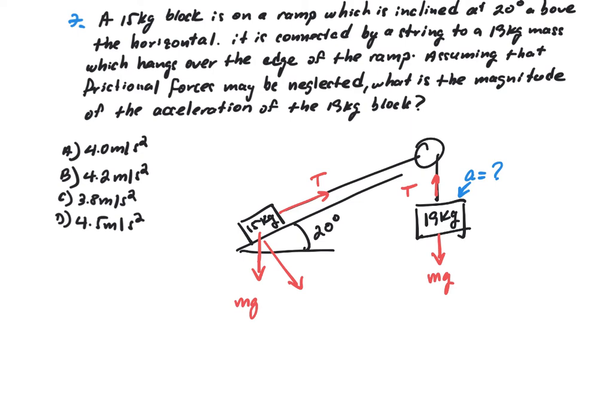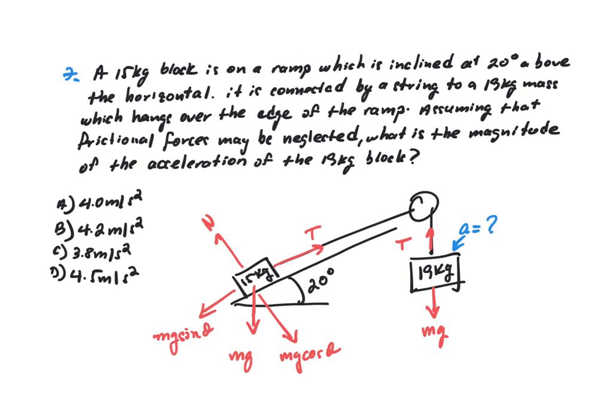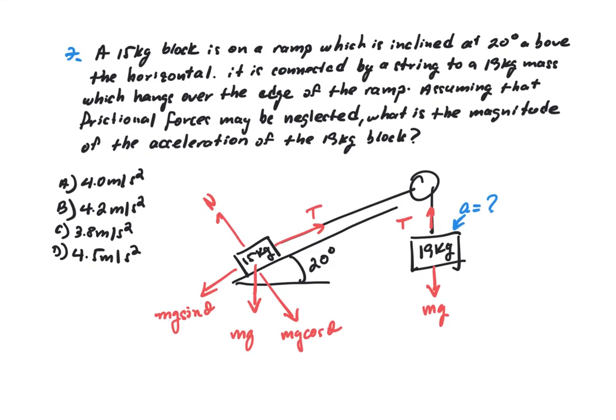Because it's on a 20-degree slope, we also have mg cosine theta, and affecting it is also mg sine of theta. And we have the normal force, opposite of mg cosine theta. So it's saying, assuming that frictional forces may be neglected, so there's no frictional force.